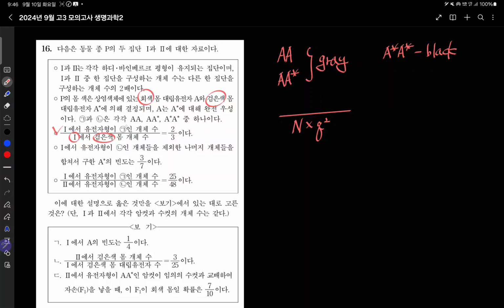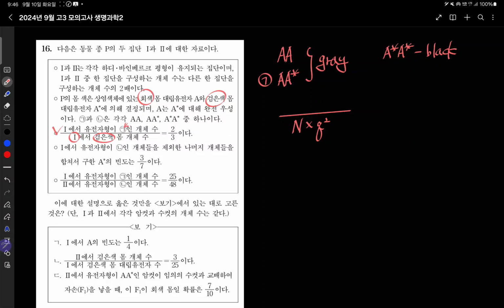And for this genotype, this one is not A asterisk homozygote. In such case, the ratio will be 1. So let's say the first genotype indicates a heterozygote.